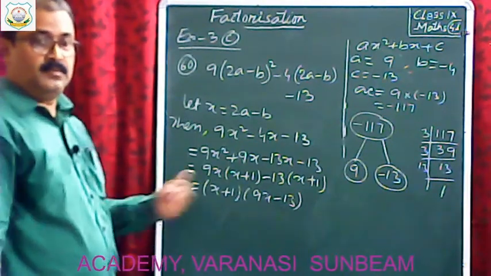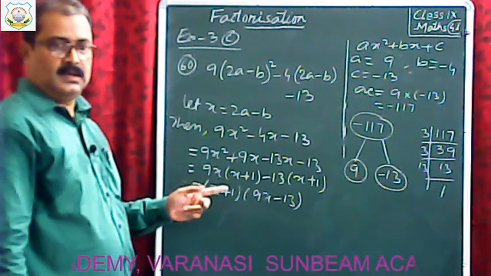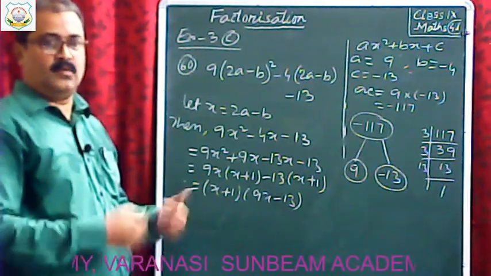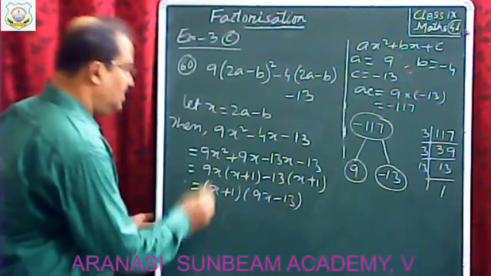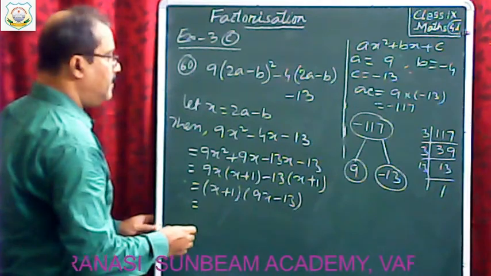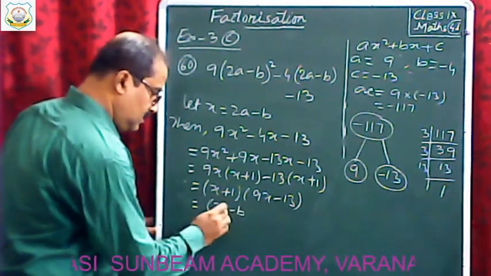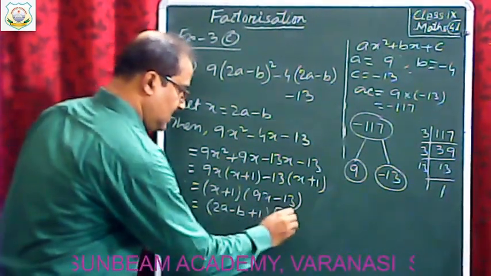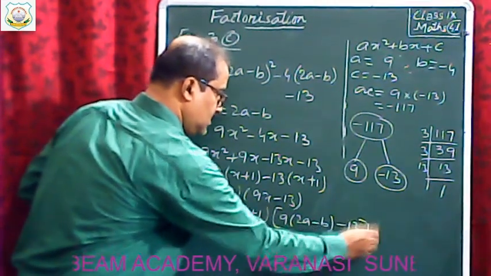And thereafter you have to decode, because you supposed x equal to 2a minus b. The polynomial is given in terms of a and b, not in terms of x. x is our own supposition, isn't it? In place of x you have to write 2a minus b, so 2a minus b plus 1 as it is, and 9 times (2a minus b) minus 13.